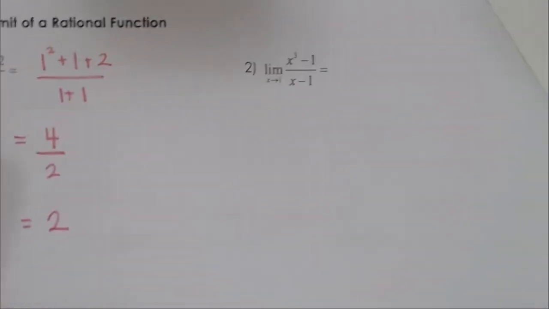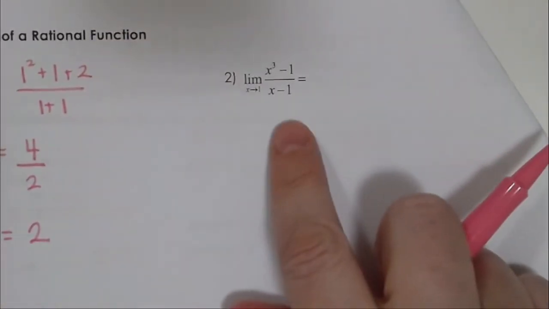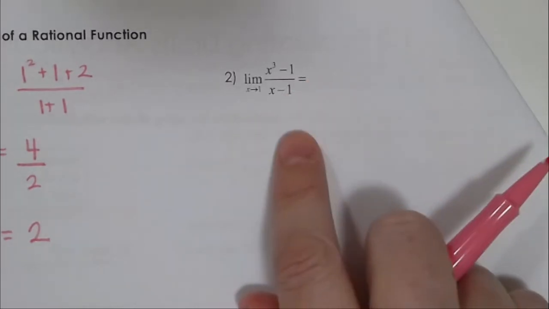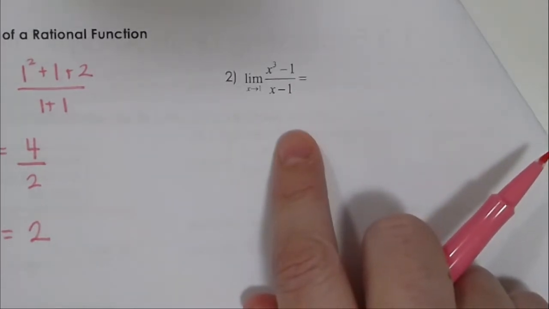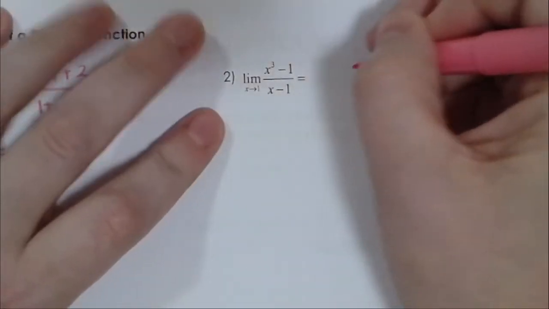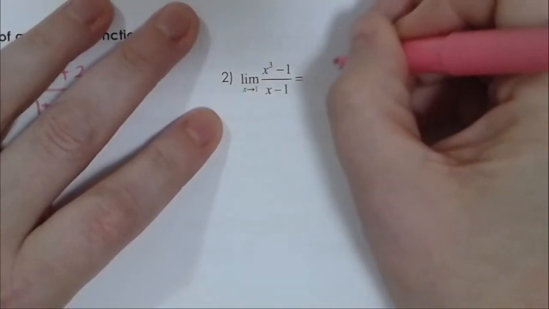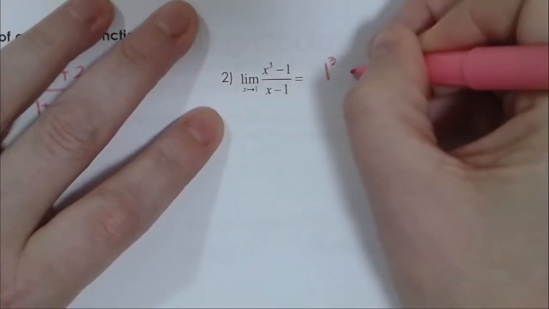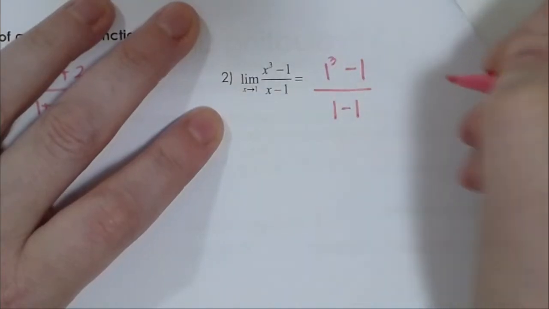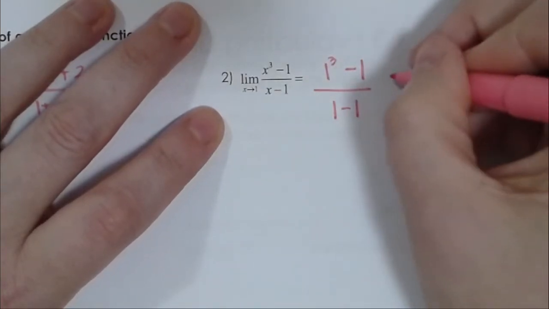Now, let's look at number 2. We have the limit as x approaches 1 of x to the third minus 1 over x minus 1. Now, this might look familiar from what we did on the other video. So you might have an idea of what's about to happen if you remember that one. If I do direct substitution, 1 to the third minus 1 over 1 minus 1, well, 1 to the third is 1, minus 1, that's 0.